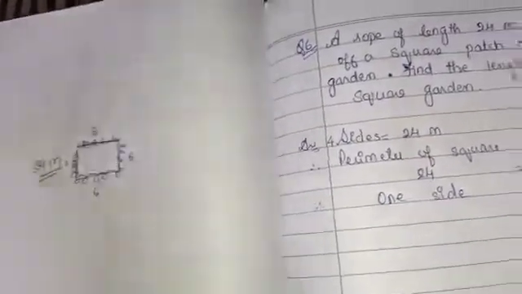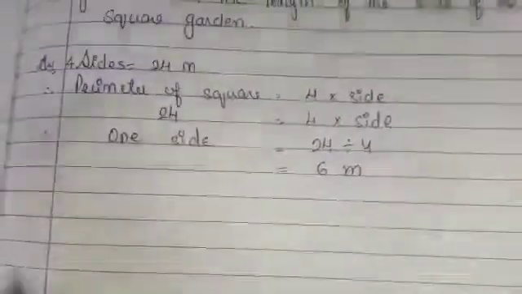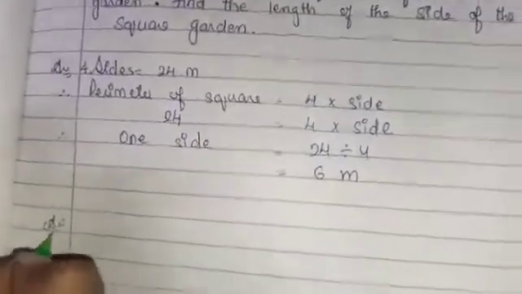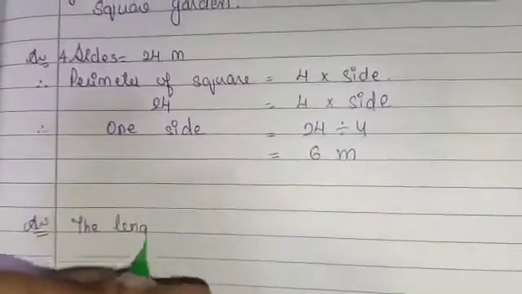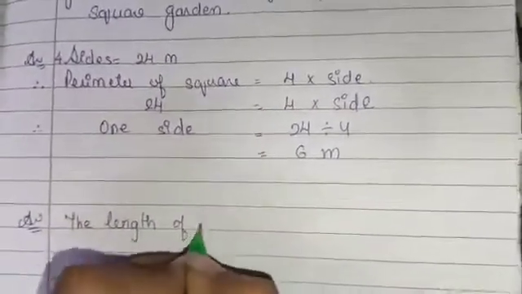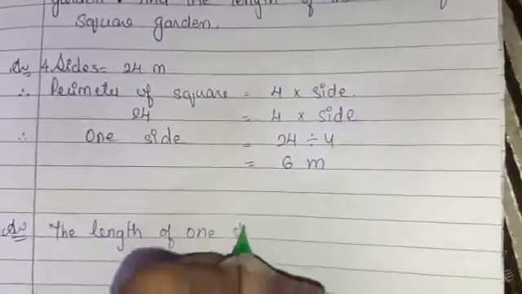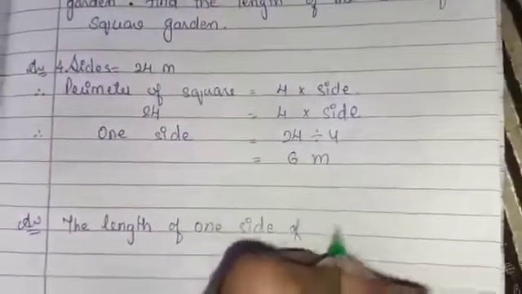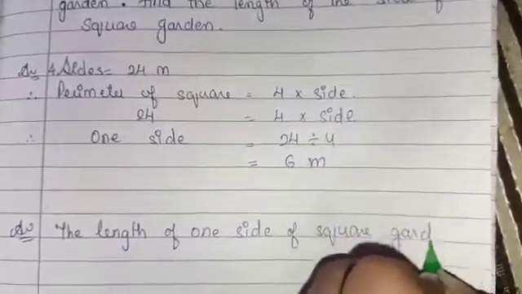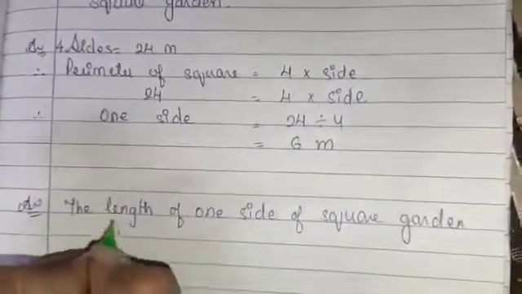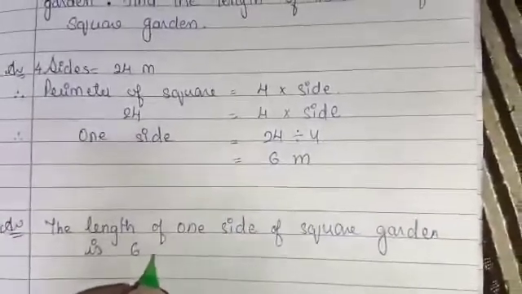So you will get the total 24 meter. So the length of one side of the square garden is 6 meter. Okay. Thank you.